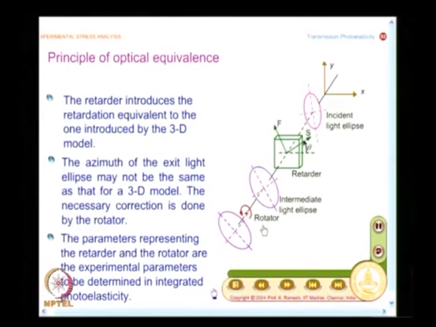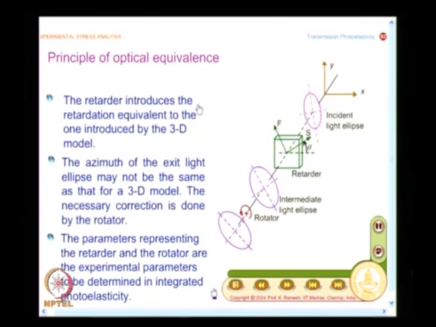Theta refers to the primary characteristic direction, theta plus gamma is the secondary characteristic direction, beg your pardon. So, what you find here is the retarder introduces the retardation equivalent to the one introduced by the 3D model. The azimuth of the exit light ellipse may not be the same as that for a 3D model.